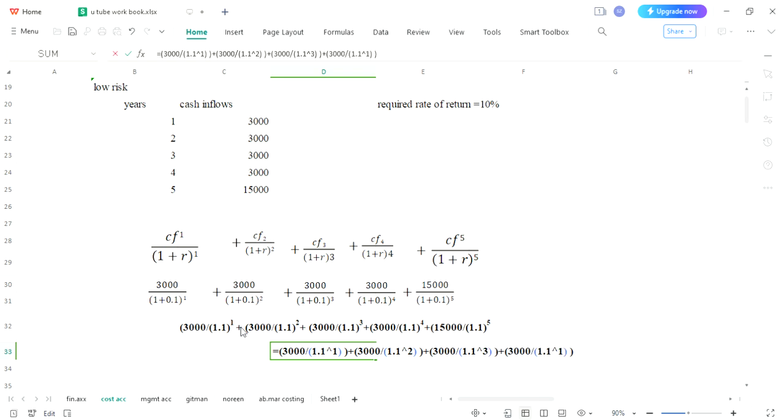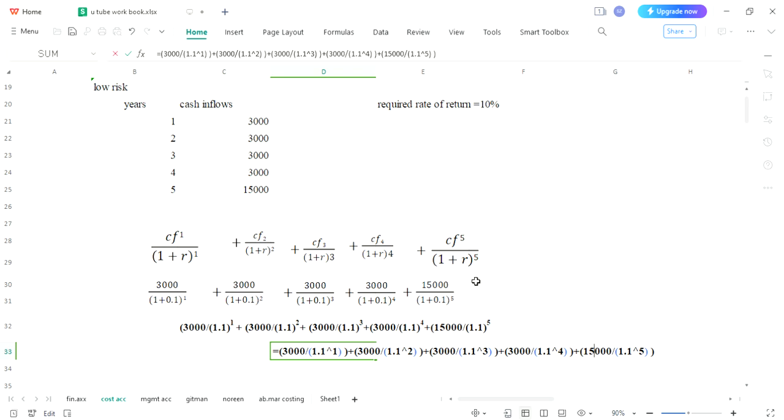Similarly, you will go for fourth, and for the final fifth statement, you will change two elements. First, you will change the power to 5, and then the cash flow in the fifth statement is 15,000. So put it right down over here. So please note it down. This is the way you will write it on your calculator. The same statement you will be writing.